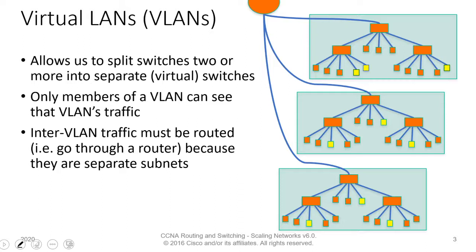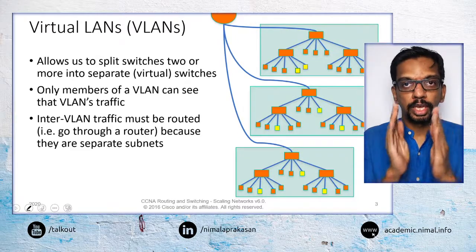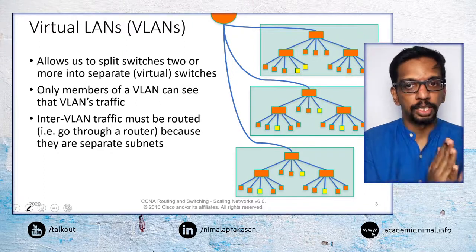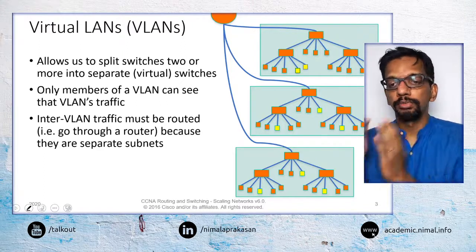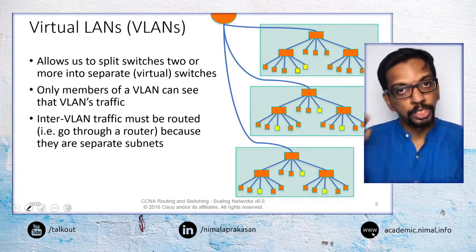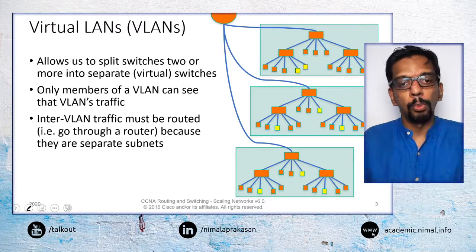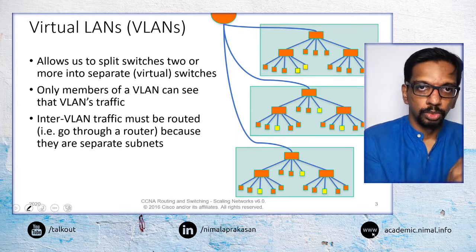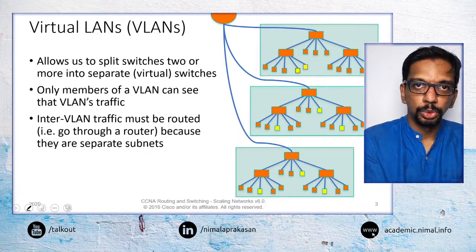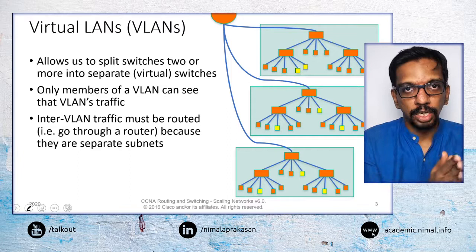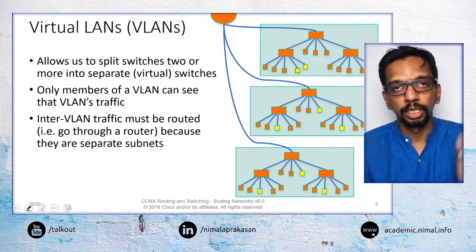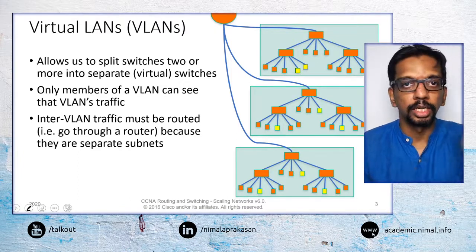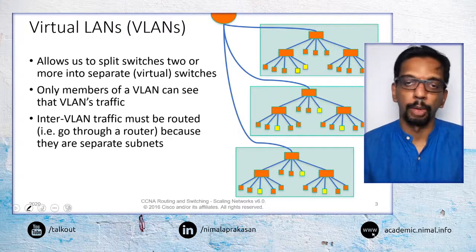What we get out of using VLANs is the ability to split switches. We can have a single physical switch, but that single physical switch can now be split into two or more virtual switches. Normally, all the devices connected to a switch will be on the single network that the switch is connected to upwards.